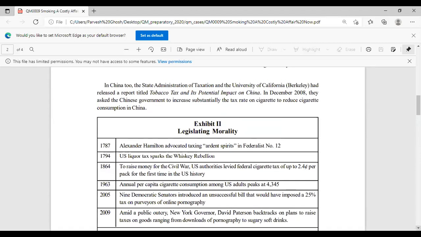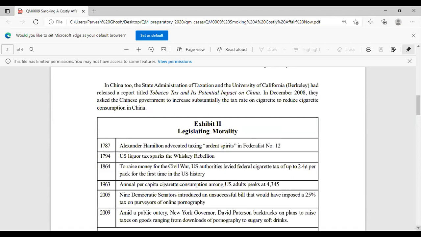So in China, what is happening? Let us see. This was the story of the US. In China too, the State Administration of Taxation and the University of California released a report titled Tobacco Tax and its Potential Impact on China.